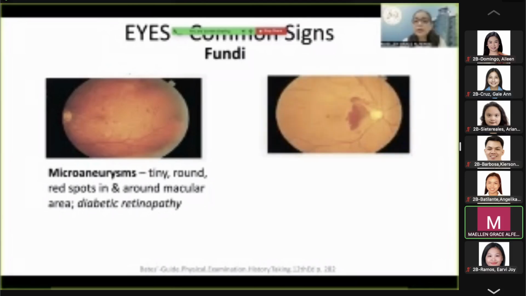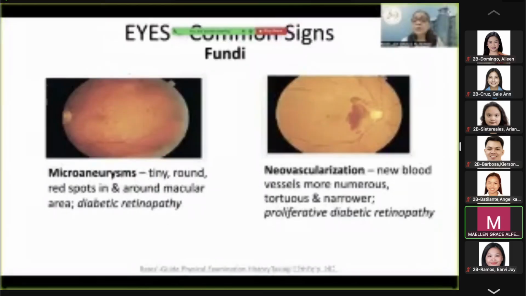Now, this is a hemorrhage due to neovascularization. Neovascularization or new blood vessel formation are usually numerous, tortuous, and narrower. They burst easily.